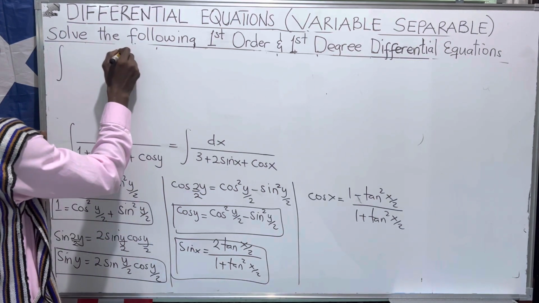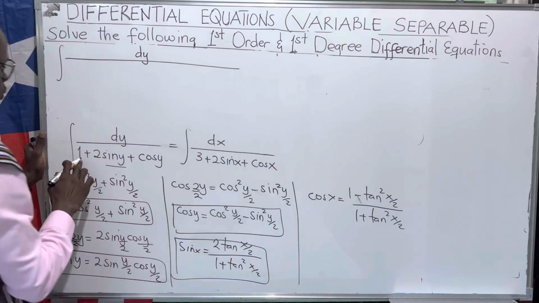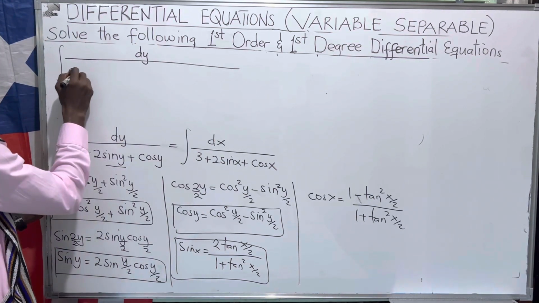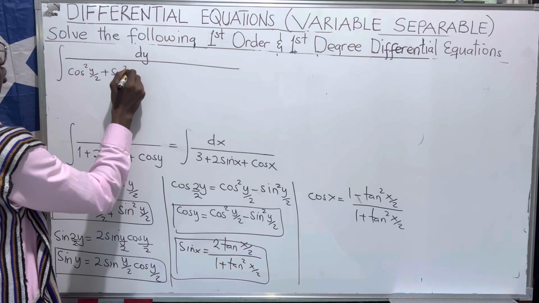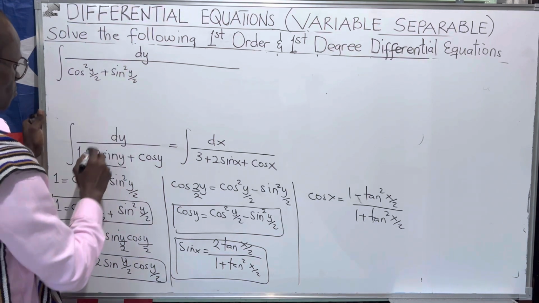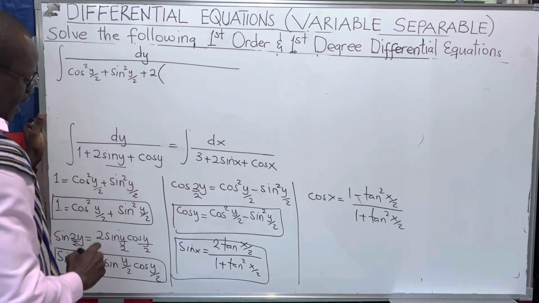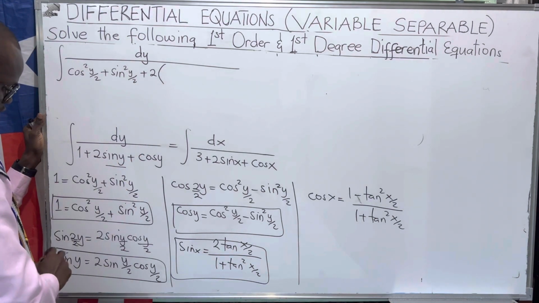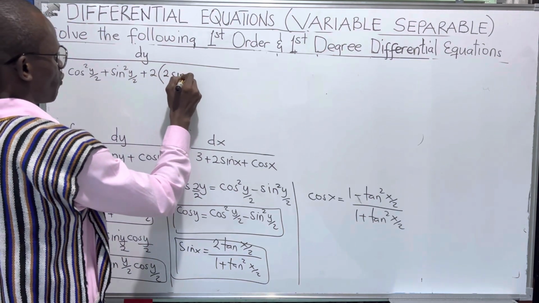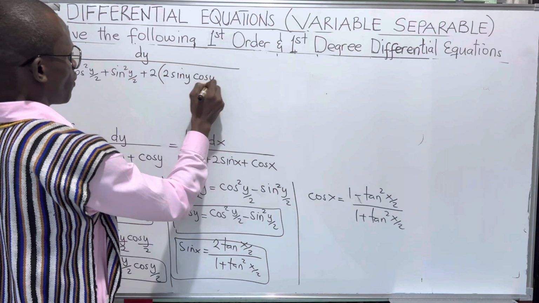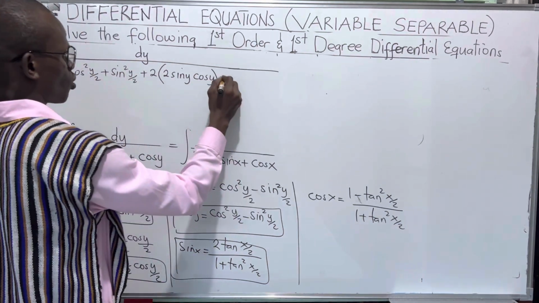You have dy divided by, now 1, we say 1 is equal to cos square y over 2 plus sine square y over 2, plus 2 sine of y, which is just this one now, 2 sine of y over 2 cos of y over 2, and then plus cos of y.